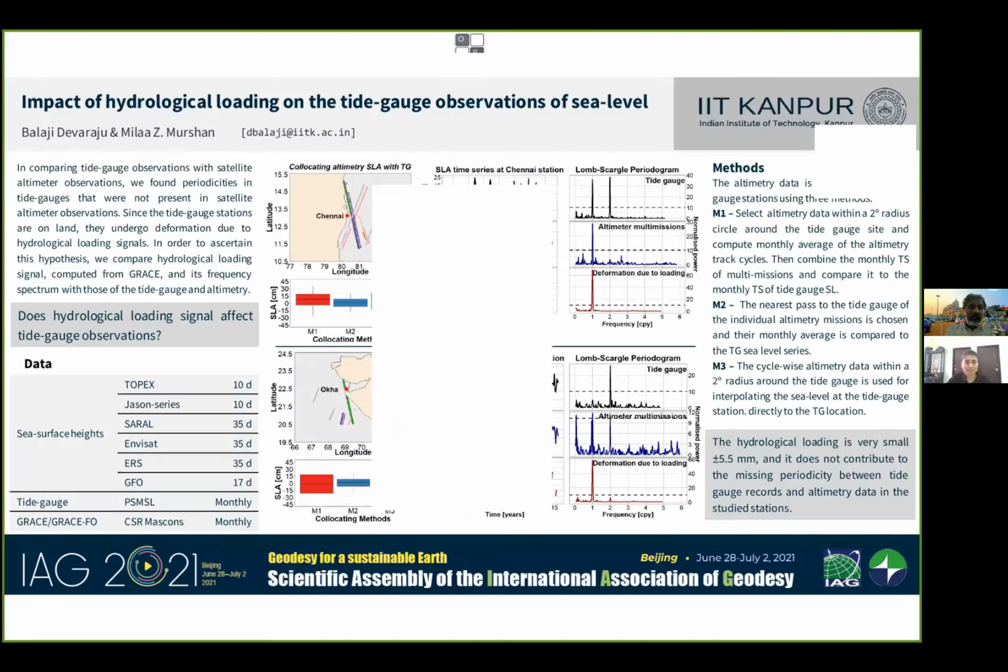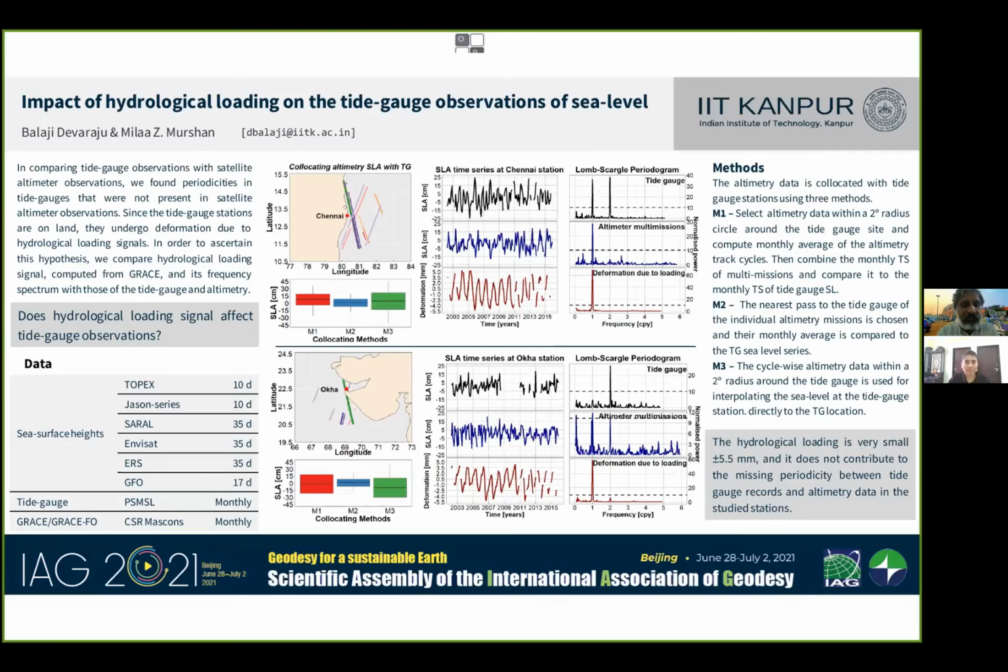And recently we had the International Association of Geodesy Scientific Assembly, and we presented some of our work where we looked at the ocean observations. We use a technique called satellite altimetry, where we measure the height of the oceans. You might know that most of the coastal areas will have a tide gauge.